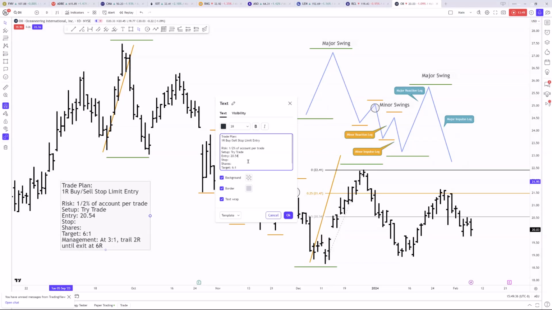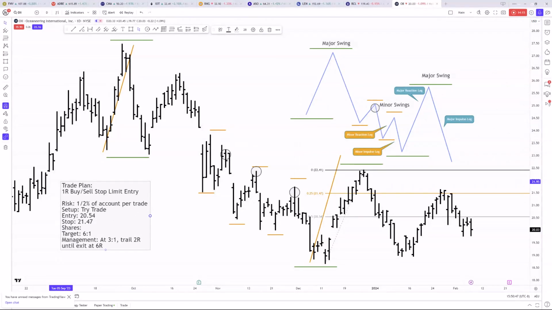Right now I'm structuring myself, my trading. I know exactly where I'm going to put a stop. 21.47. I know exactly my position size. I'm risking, what, 0.5% of my account. And so all I need to do is take that distance and divide it by the half.